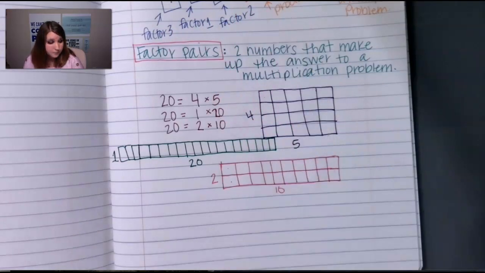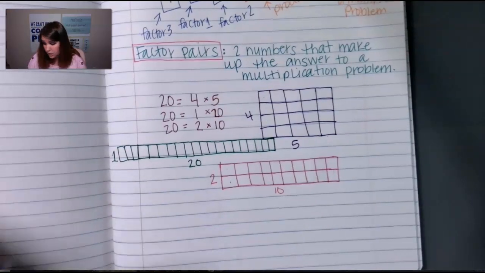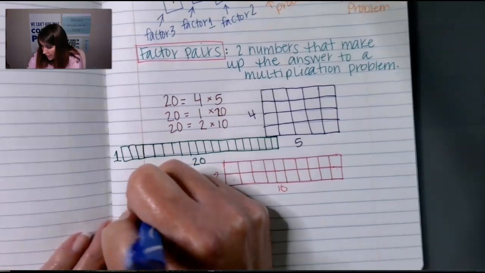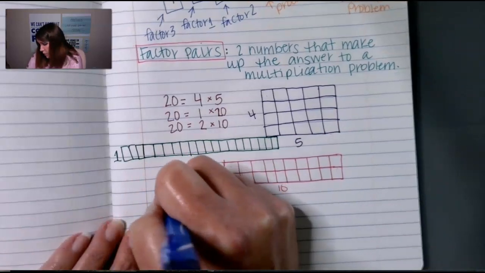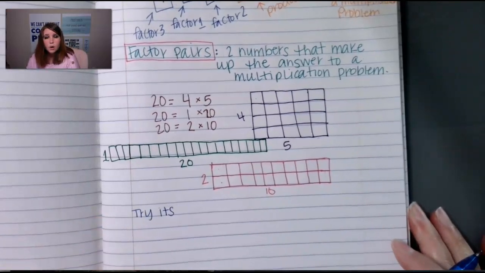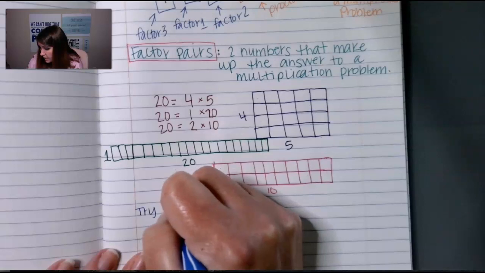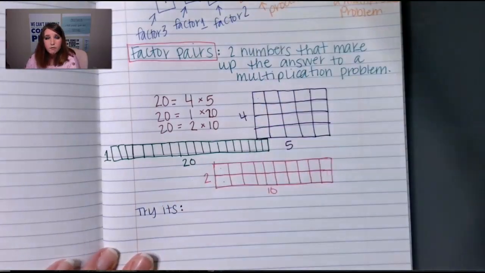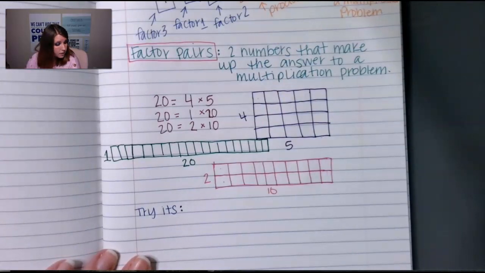The last thing that we want to talk about is a Try It for you. Try Its are problems that you would do on your own to check your understanding, using your notes above of the information that we just went over. First we're going to start with factors of 1.